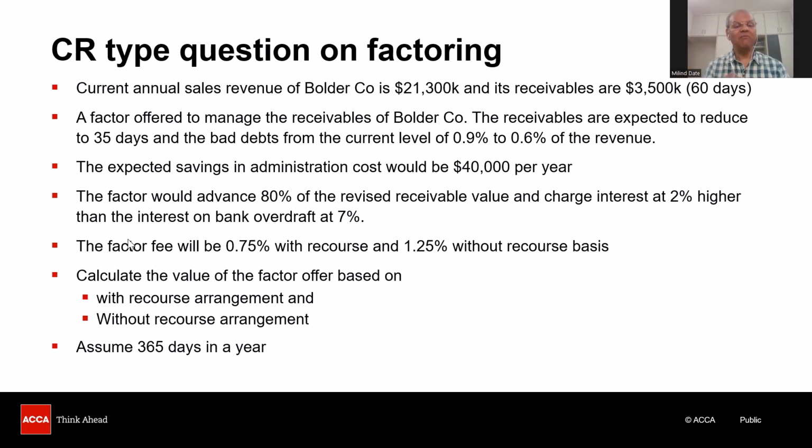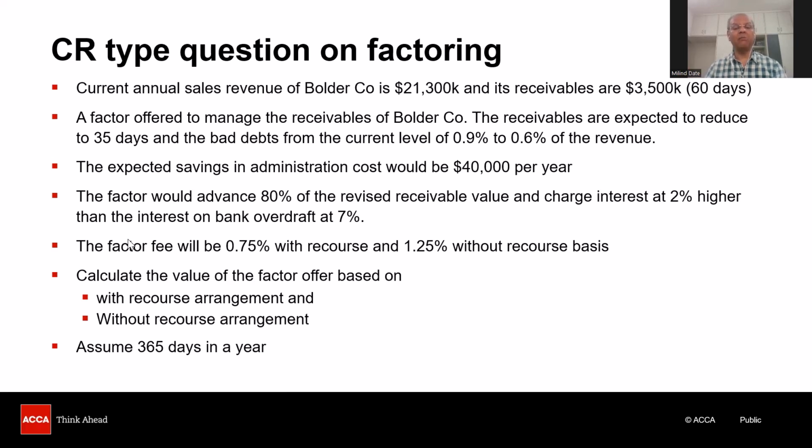Further information, factor would advance 80% of the revised receivable value and charge interest 2% higher than that of bank overdraft, which is 7%. So what you need to find out is the interest as a cost. But while calculating, you have to be very careful. 80% of revised receivable value.